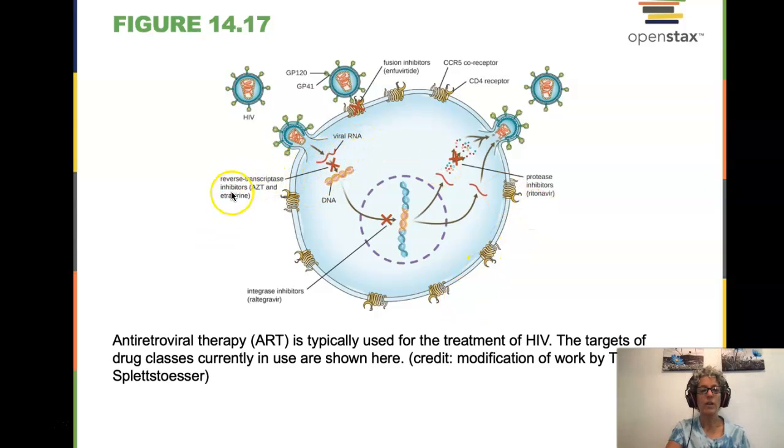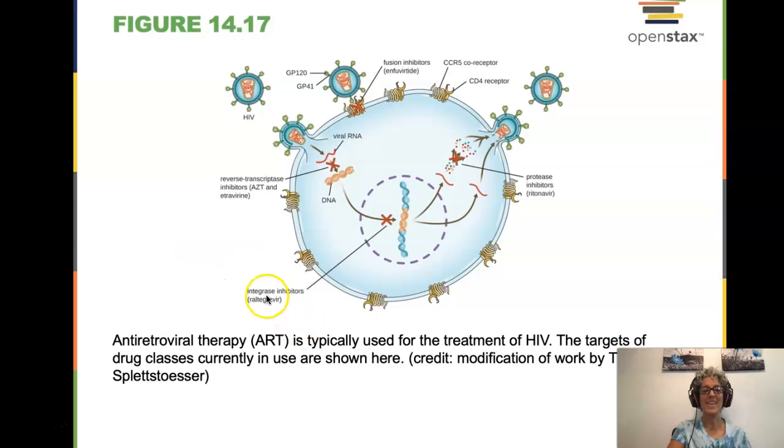We have drugs that will inhibit that reverse transcriptase. Those are very effective. AZT and etravirine are the ones that do that. If you can block the action of that enzyme, then the virus cannot get a DNA copy of its genome. If it cannot get a DNA copy of its genome, it cannot stick into our chromosomes.